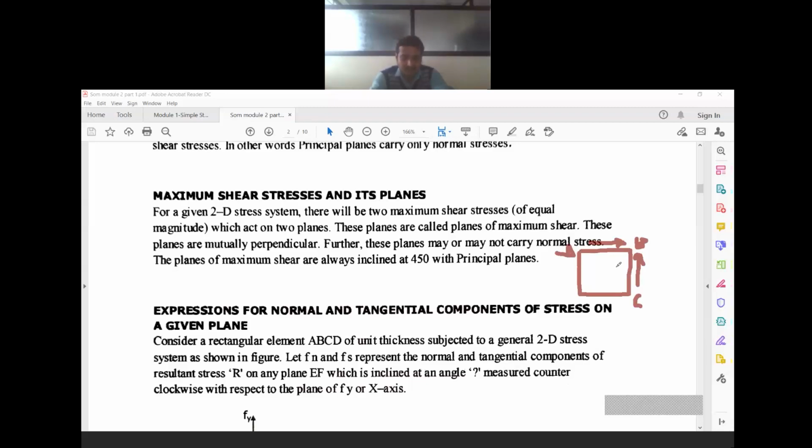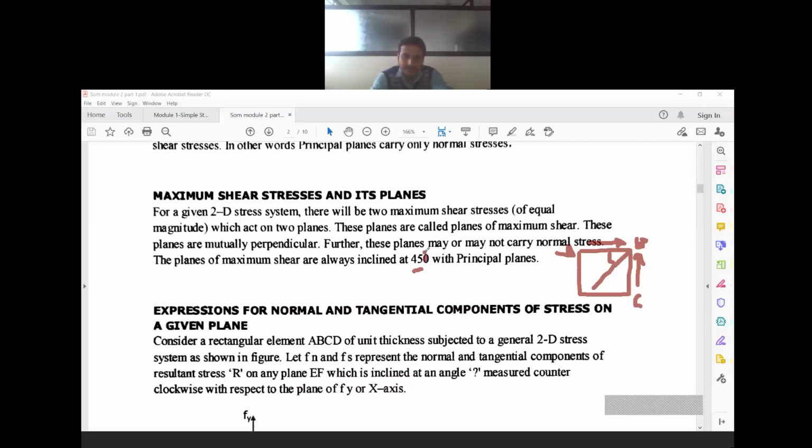And one more concept you should note here. The maximum shear stress planes are always at an inclination of 45 degree with the principal plane. Here in the notes you have 450, so this is a printing mistake.